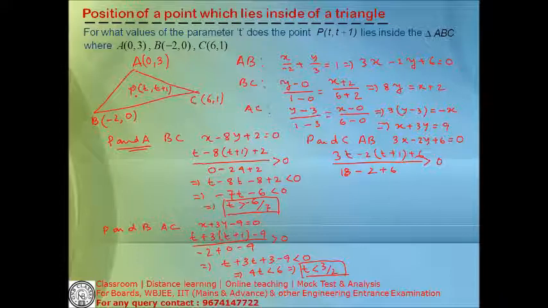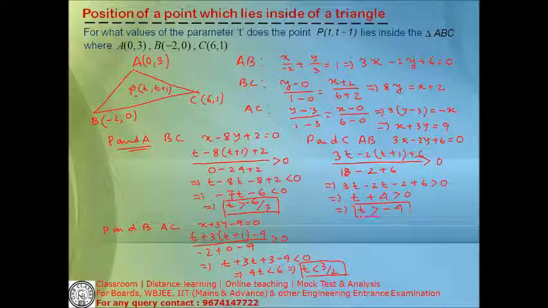Now you observe that the denominator is positive, so there is no need to change the sign. So we are getting 3t minus 2t minus 2 plus 6 is greater than 0. So t plus 4 is greater than 0, which implies t is greater than minus 4. And this is the third condition that we got.